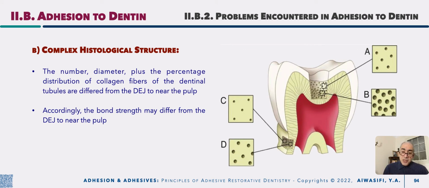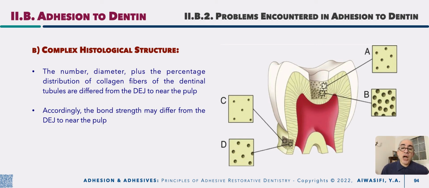Number 2, if you design a concept to bond with dentin via dentinal tubules, it has a complex histological structure. Dentinal tubules vary in number, diameter, and percentage of distribution between dentinal tubules and collagen fibers, from the dentino-enamel junction up to the pulp.